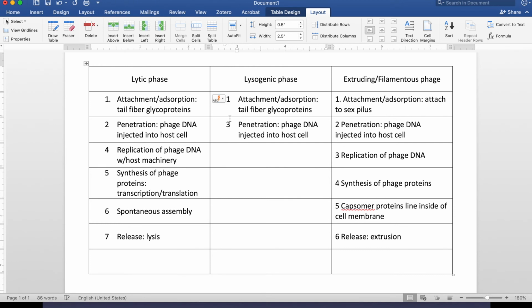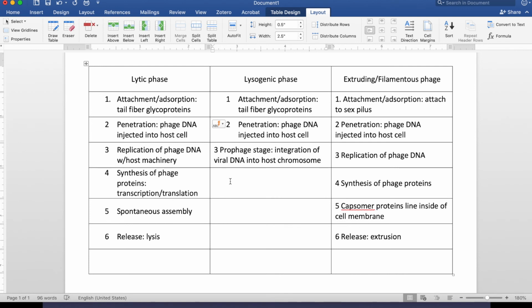Sorry. 2. Okay. Now 3 is the prophage stage. Integration of viral DNA into host chromosome. And again, this could stay indefinitely in this prophage stage.